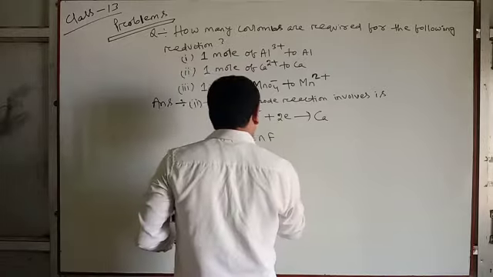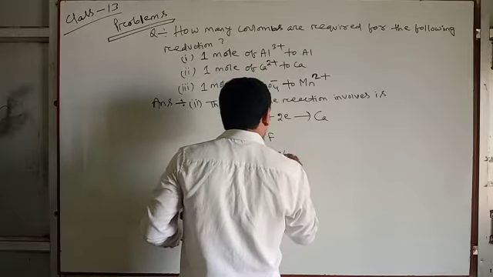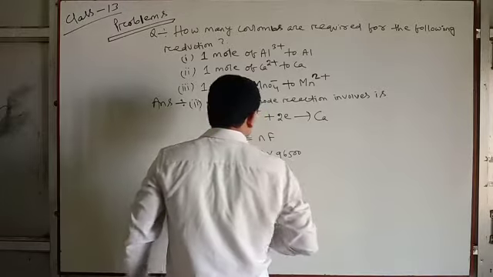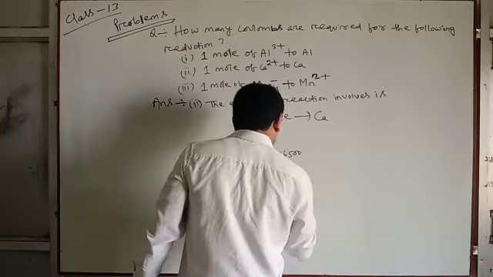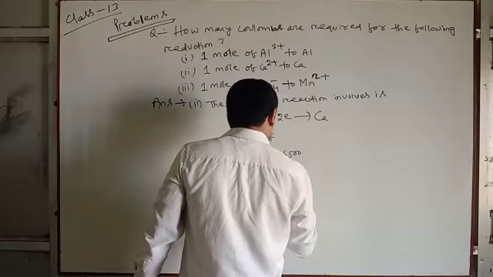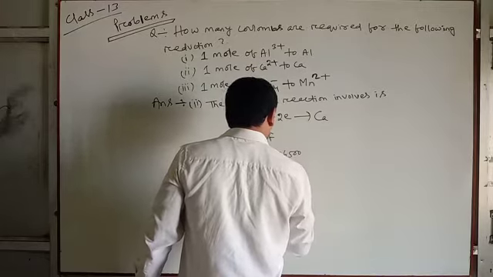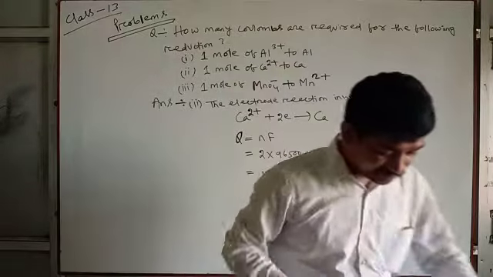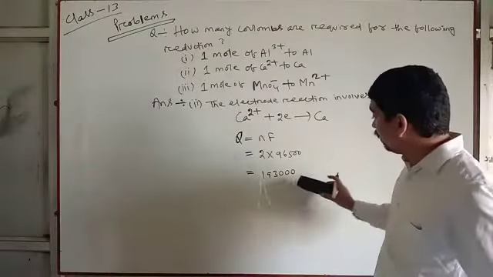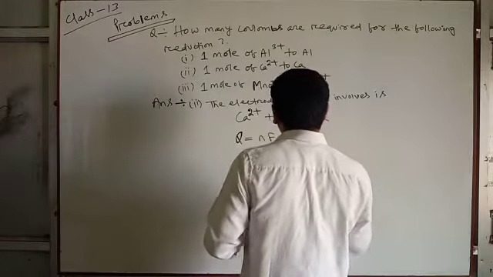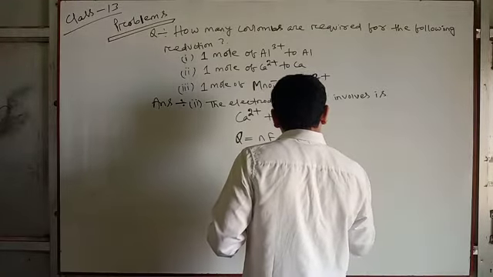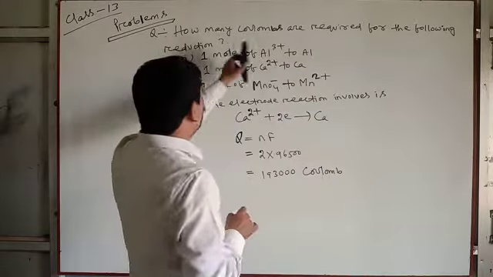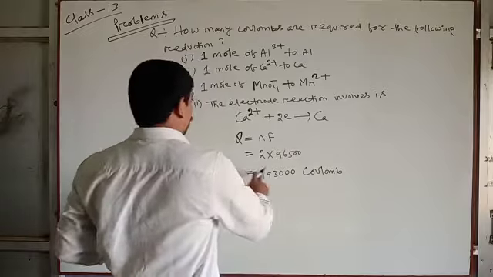N is 2, so 2 into 96500 coulomb. So this will be how much? This much, 19,300 coulomb. So how many coulombs are required for the reduction?